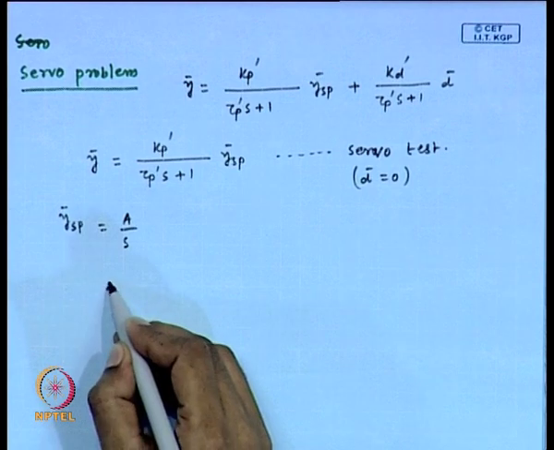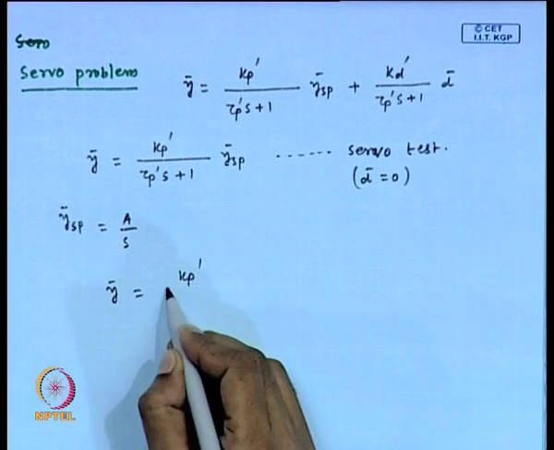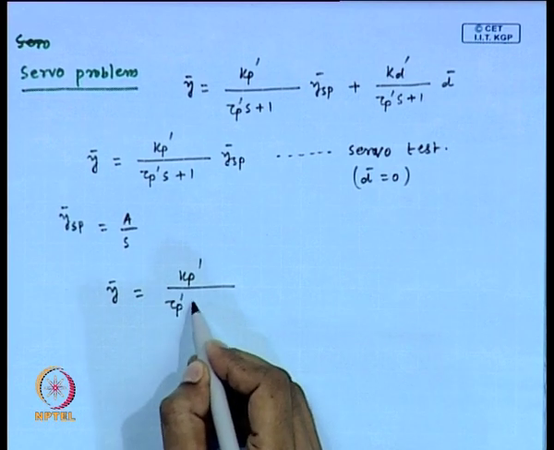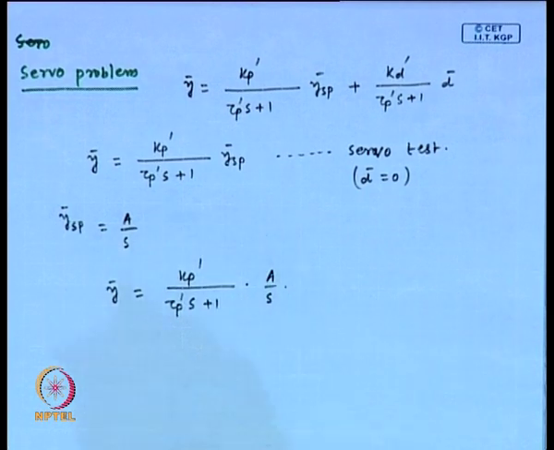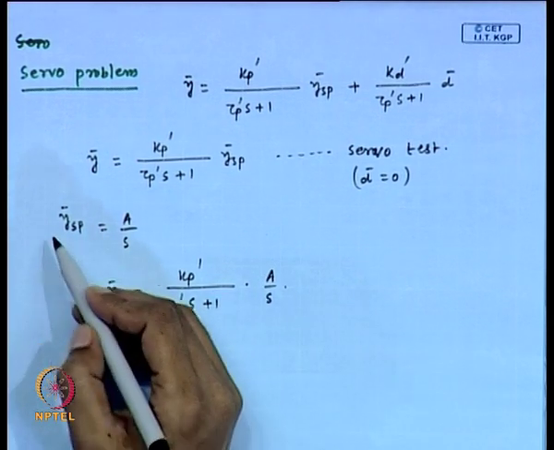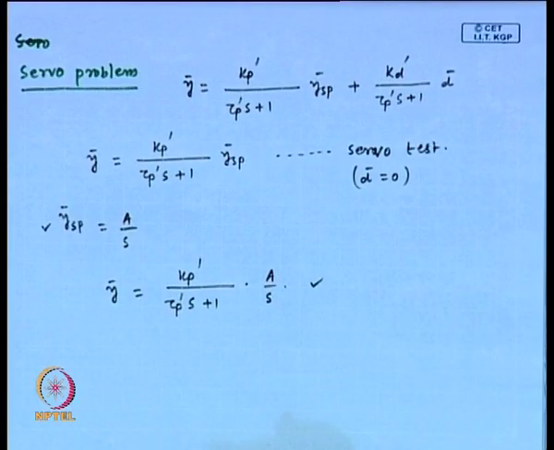So, y bar becomes Kp prime divided by tau p prime s plus 1, multiplied by A by s. By considering the step change in set point value, we get this form.